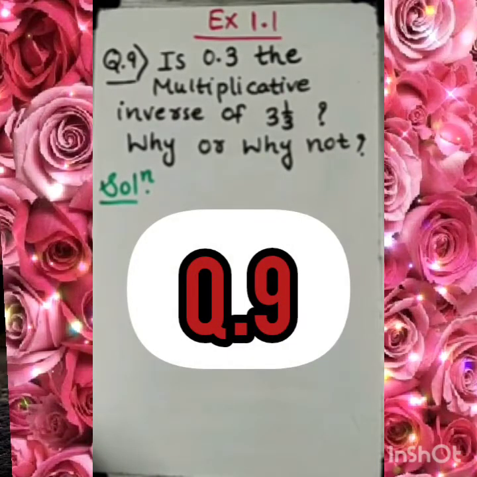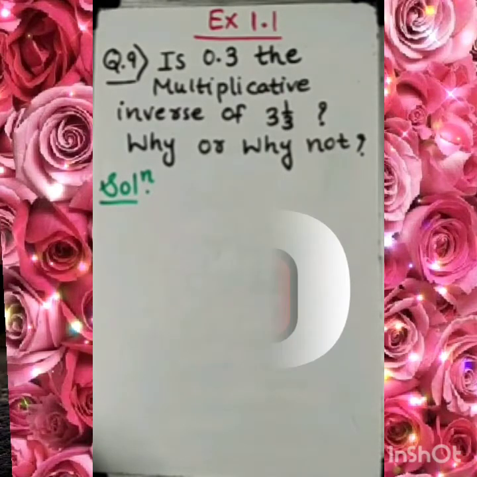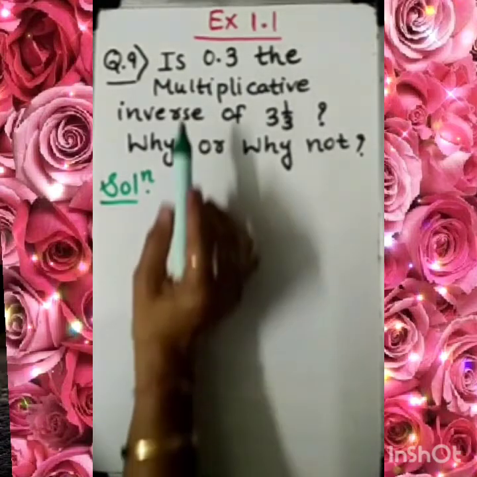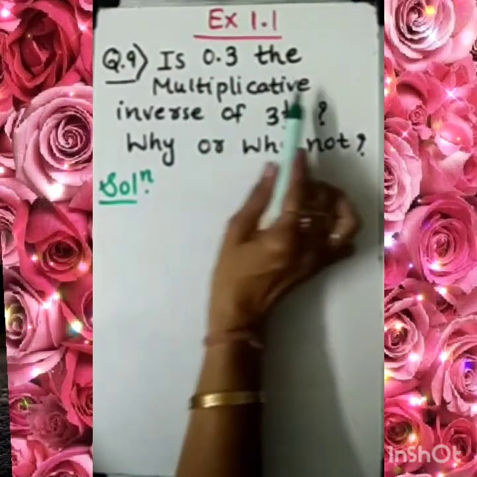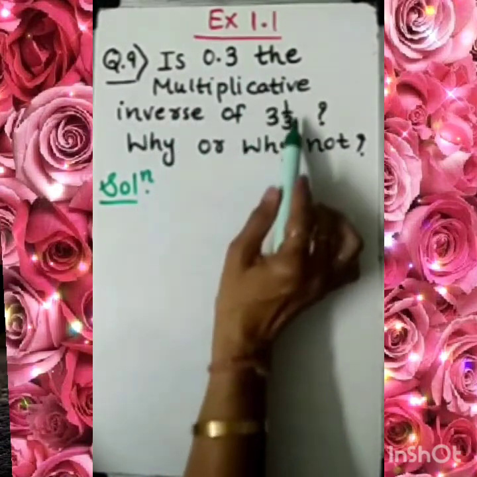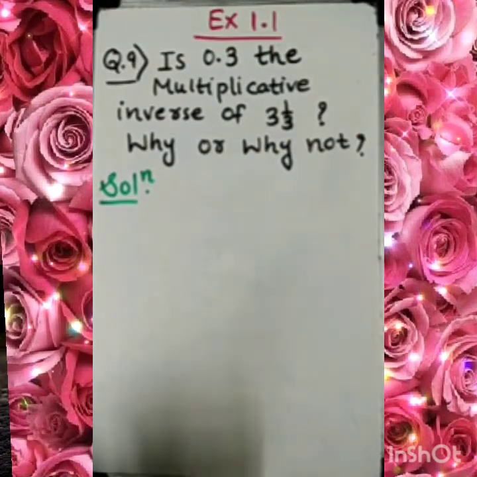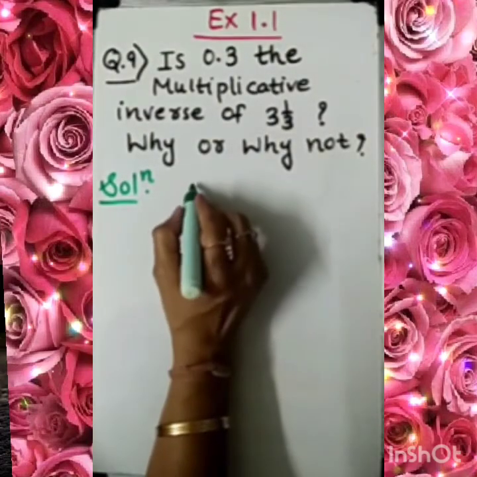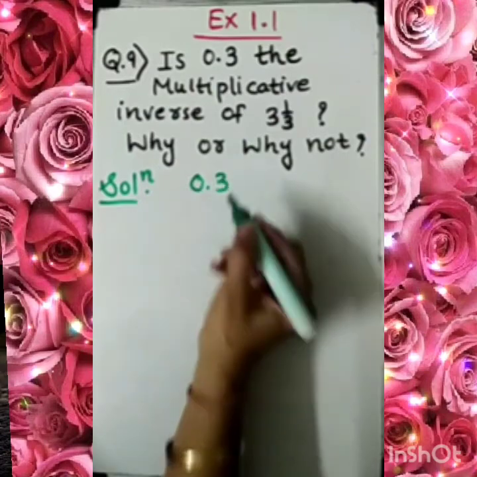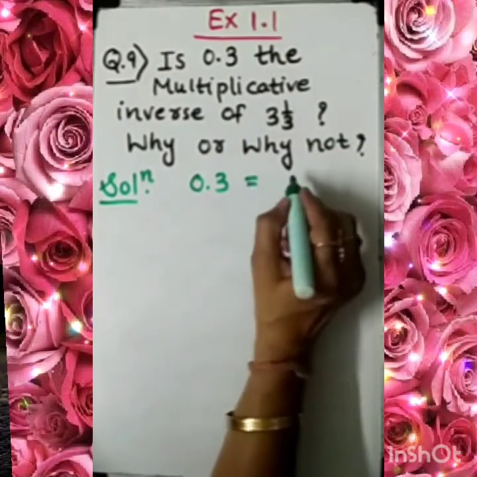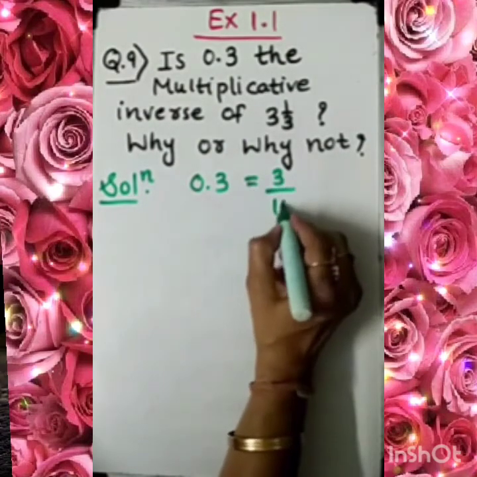So dear, I am reading the question for you here. The question is 0.3 the multiplicative inverse of 3 1 by 3? Why or why not? This is the question, right? Now first of all think about 0.3, the multiplicative inverse of this, fine. So for that simple, if I ask you to work out on this 0.3, I can write that is 3 by 10, fine.